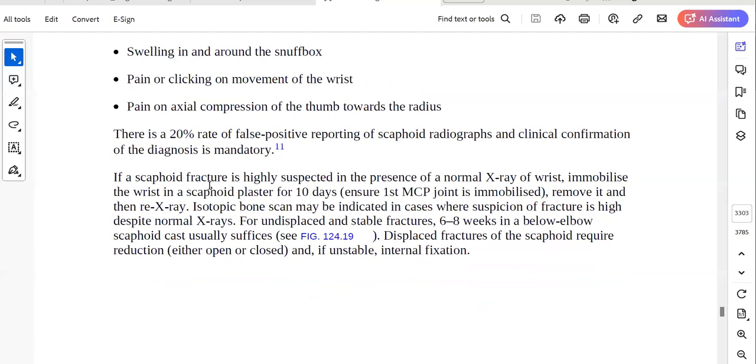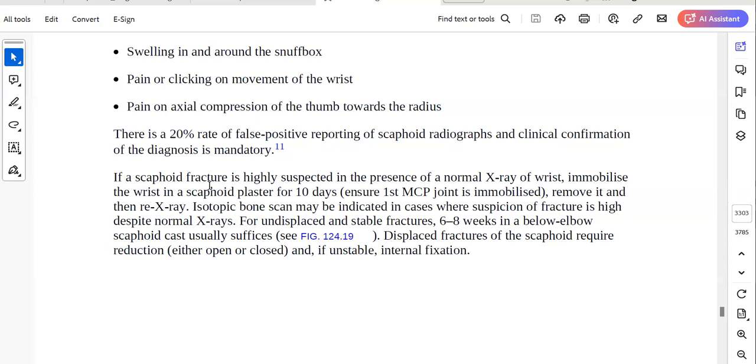Now, even if it is a scaphoid fracture, in 20% of cases the initial X-ray might not show any fracture. So there is a 20% rate of false negative reports of scaphoid fracture. So there might be a fracture, but the X-ray will say there is no fracture.